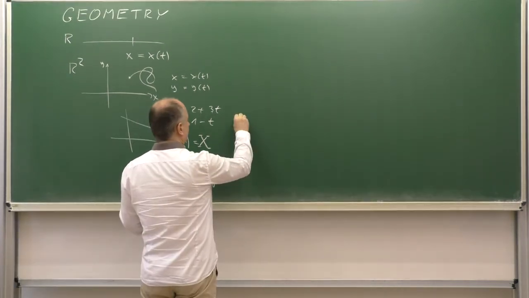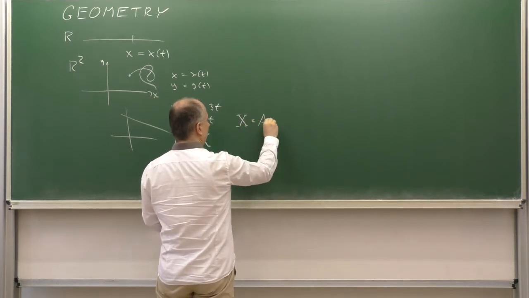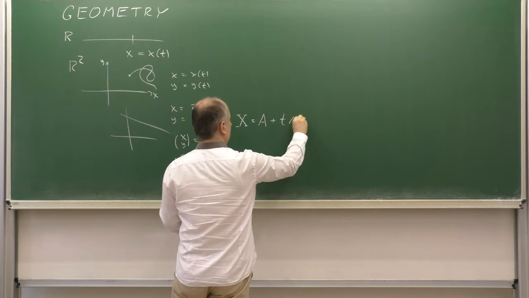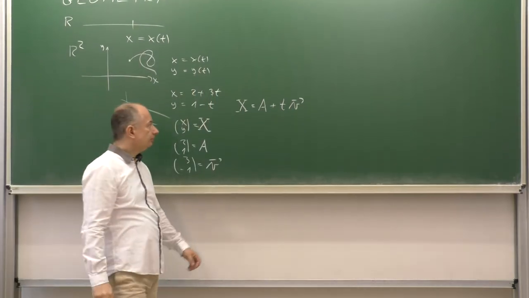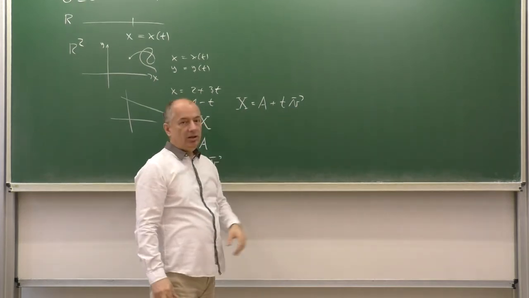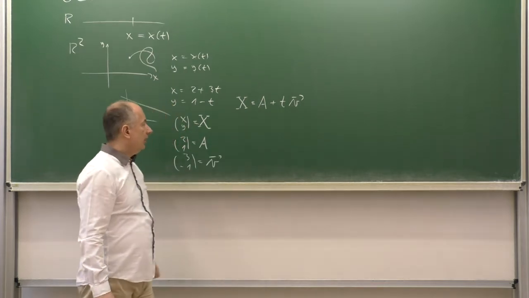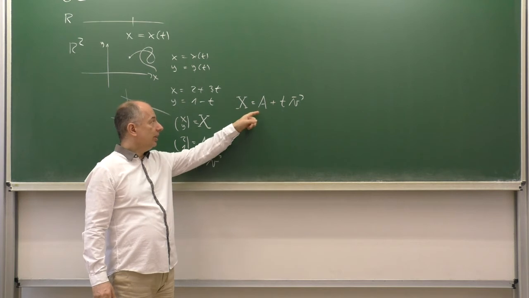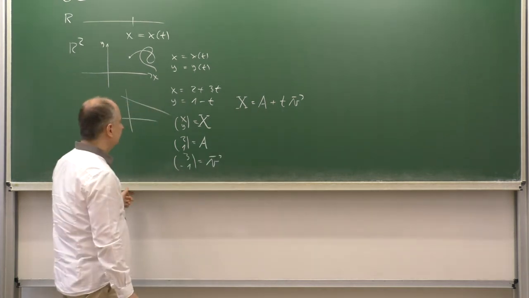And then the parametric equation of a line in a plane: X is A plus the parameter t times the tangent vector v. And here capital X, capital A and v are 2 component vectors, and t is a real parameter. This notation is nice because it remains valid even for higher dimensional cases.